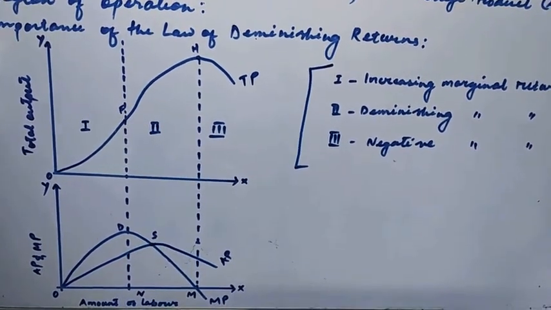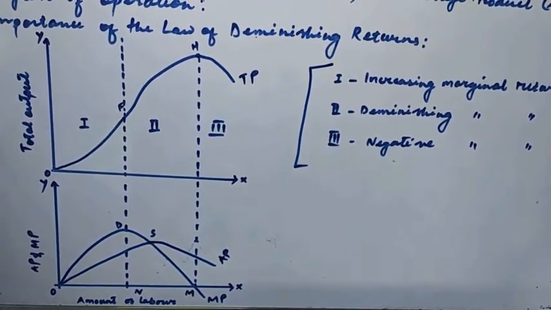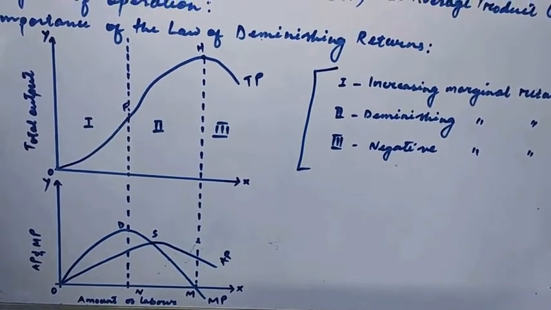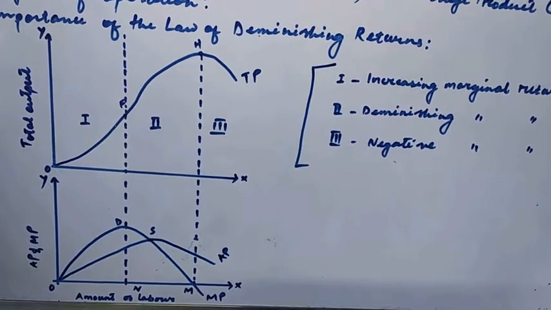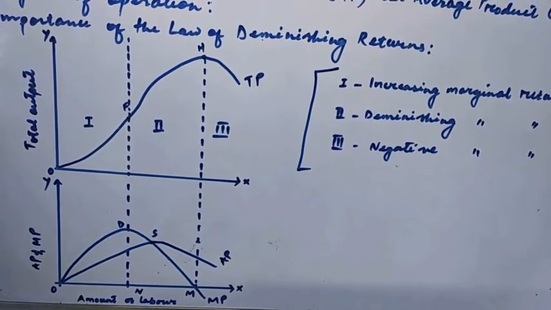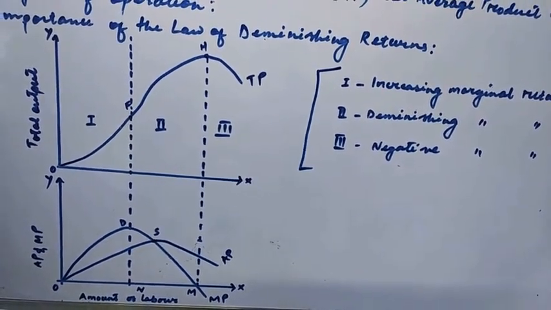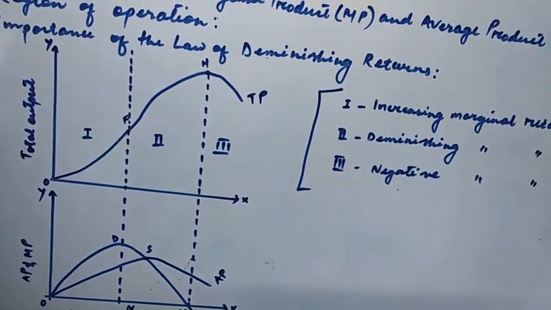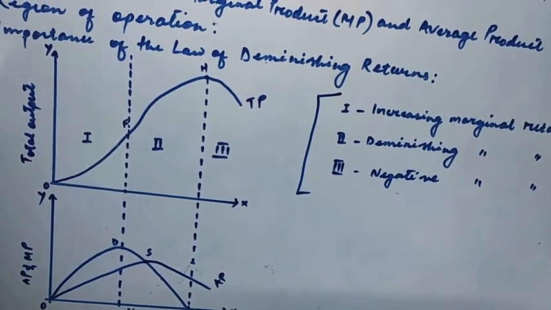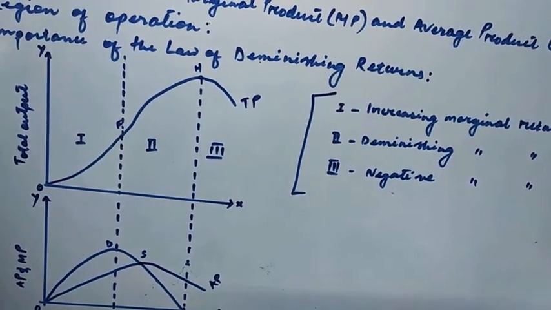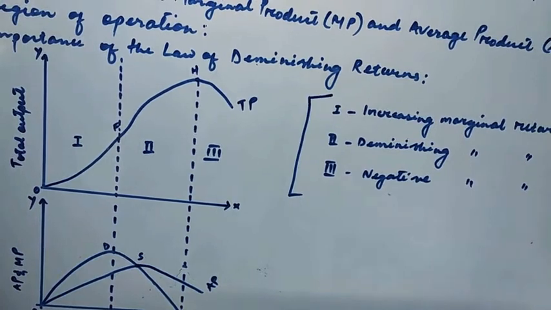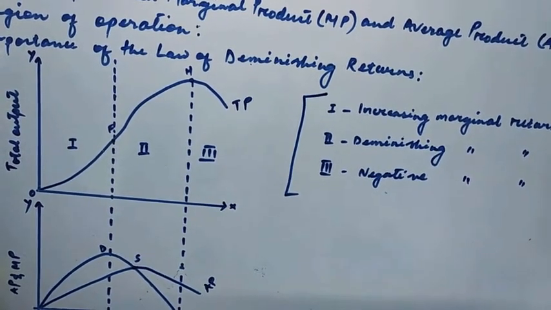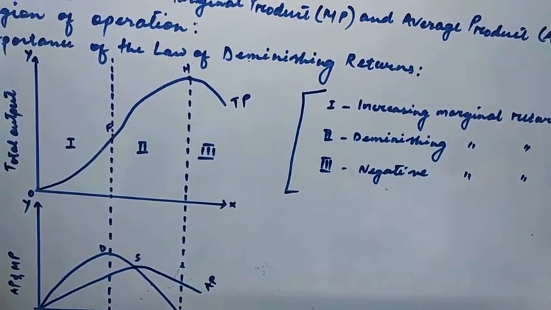That is what they propounded, but this prediction did not come true because of the potential of technological progress and capital accumulation, which raise agricultural productivity. The law of diminishing returns is based on the important assumption that technology, capital, equipment, etc. remain the same.